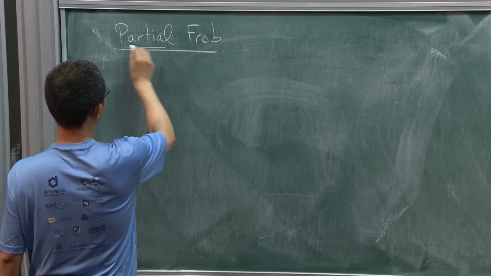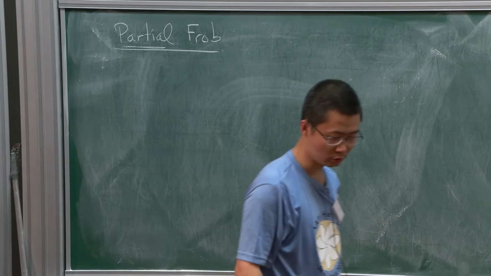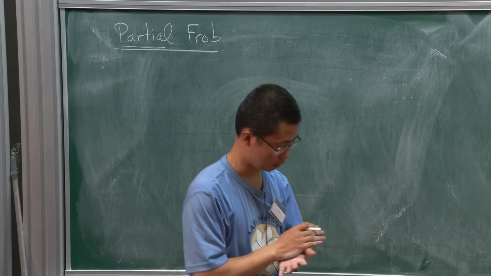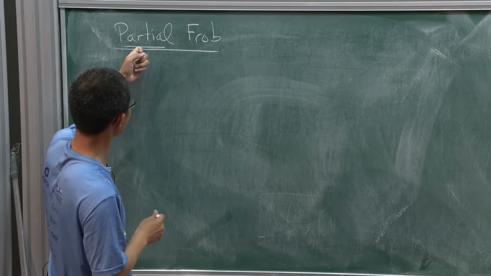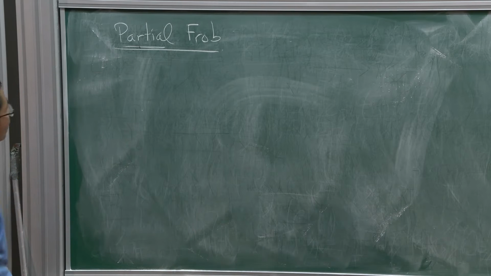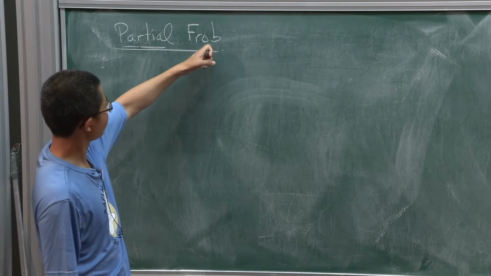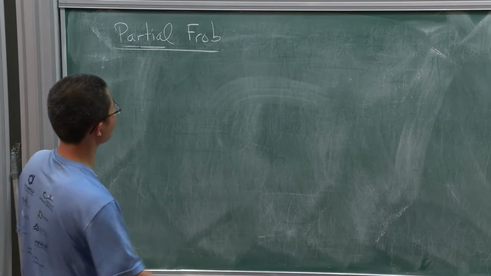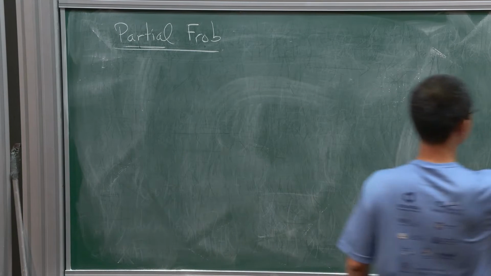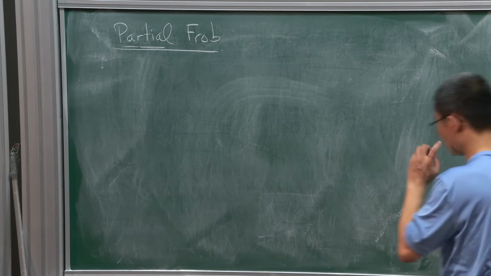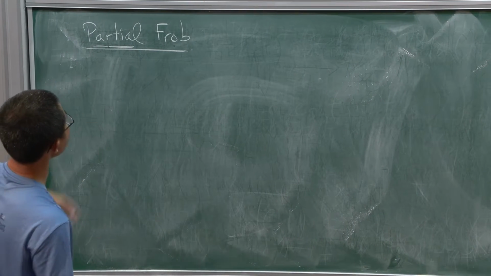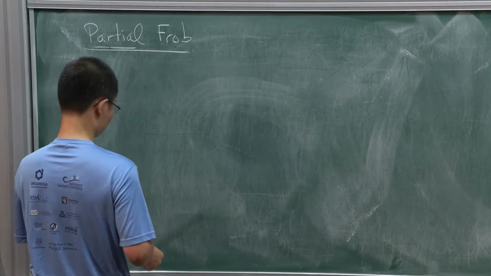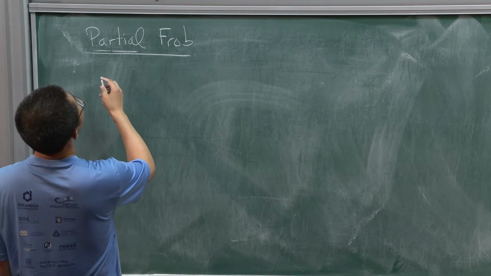The emphasis is on partial, and this refers to the fact that we can have several legs, several places of modification, and roughly Frobenius is only applied to one leg. Okay, so on the level of algebraic varieties, this is easy to define.